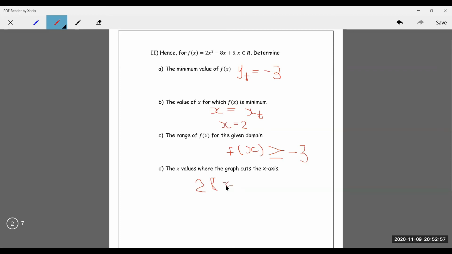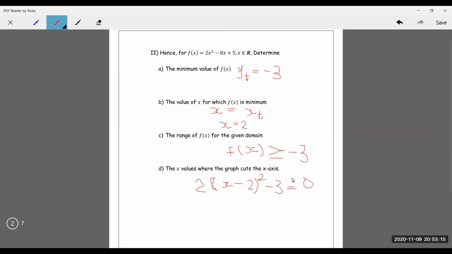So 2 times (x minus 2) all squared, because that's now f of x, 2 times (x minus 2) all squared minus 3 is equal to 0. All right, so we're solving for roots, remember.